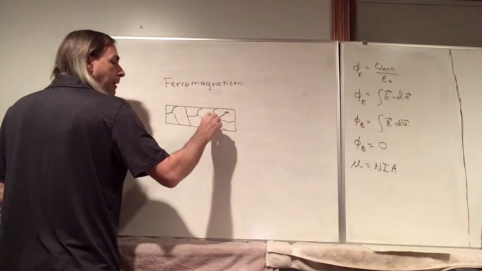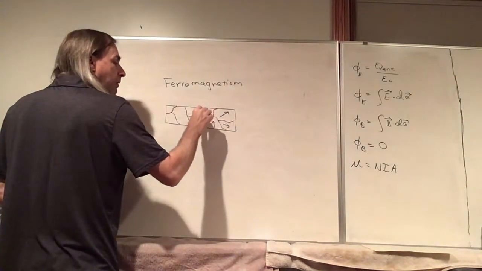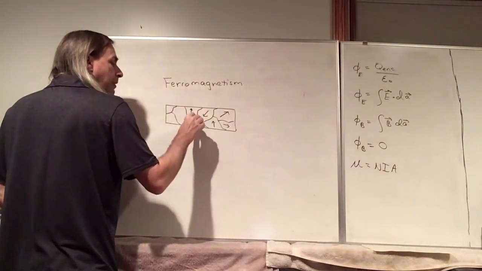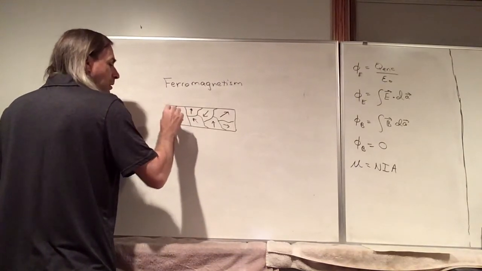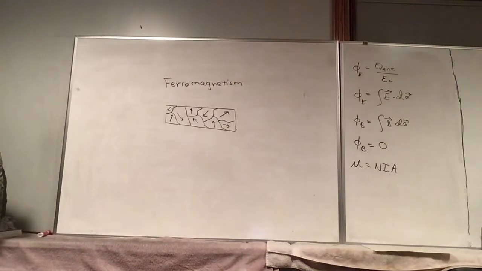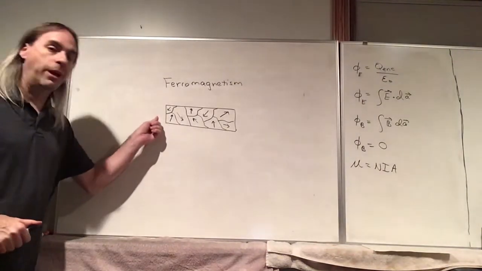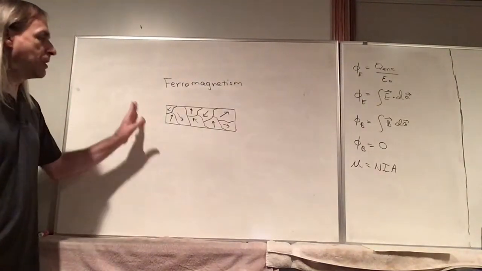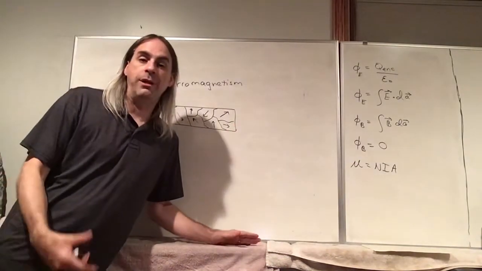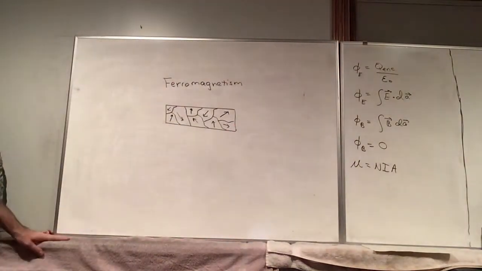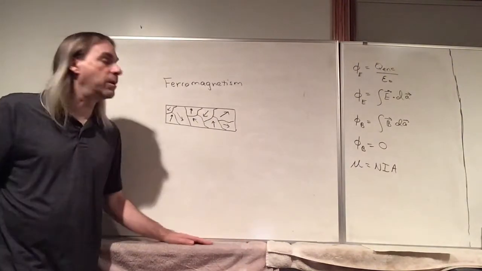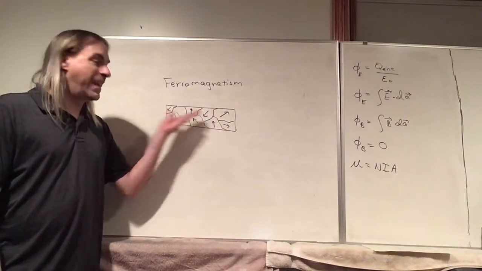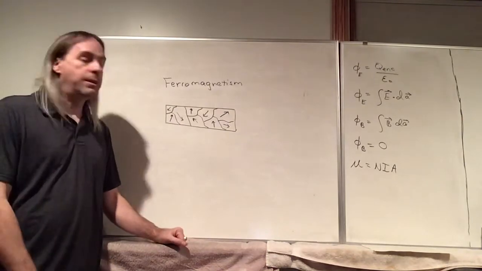In this domain, that way. And they're all randomly oriented, so typically the net effect is zero. If you just have iron, this might be going on inside, but because there are so many domains oriented randomly, iron typically does not create a magnetic field. They all cancel each other out just by randomness.